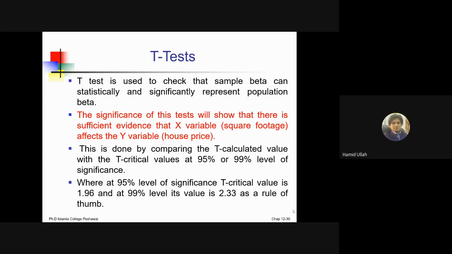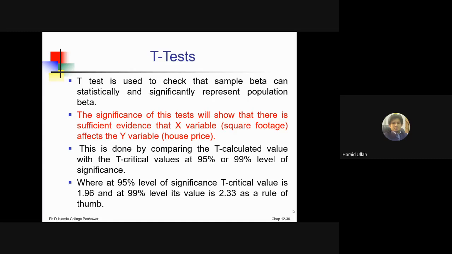If the t-test shows that yes, it can be generalized, then the next step is forecasting. But if the t-test shows that no, your computed beta is not representing the population, then you cannot go for forecasting, and that beta is not going to be used for forecasting.